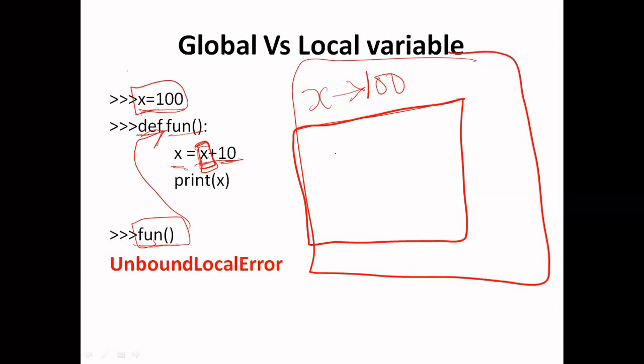As we do not find the variable inside the local namespace, this will give you an error, because we have not bound the variable name x to any object inside the local namespace. So this line will throw an error.